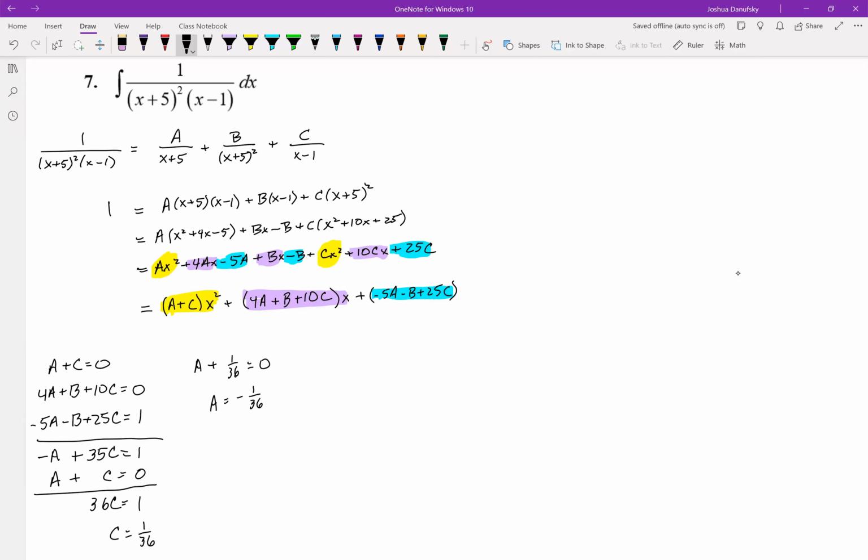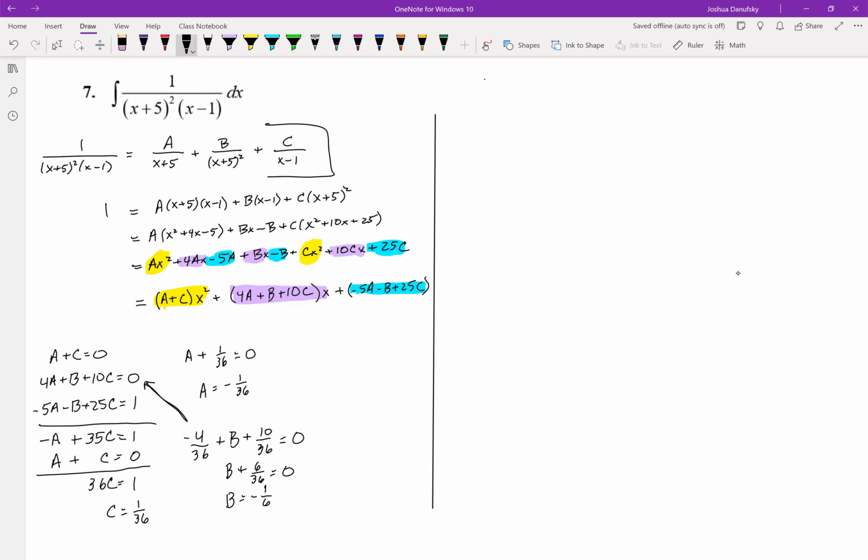And then finally, plugging into this equation here, we have 4 times negative 1 over 36, plus B, which we're looking for, plus 10 times C, which will be 10 over 36, equals 0. That will give us B plus 6 over 36 equals 0, so B equals negative 1 over 6.